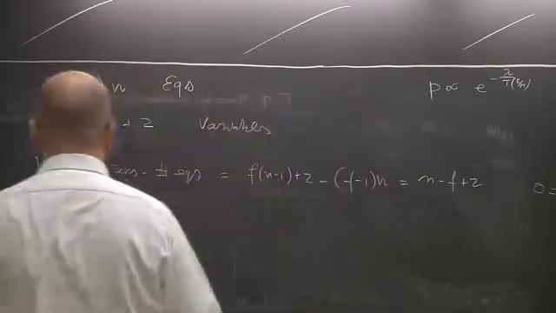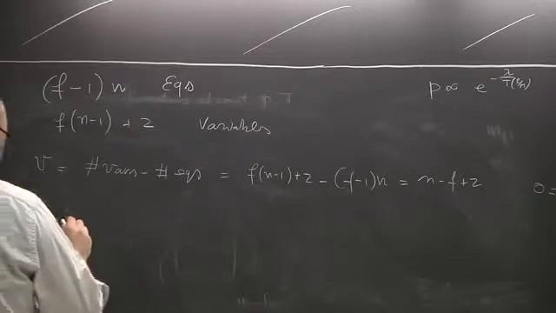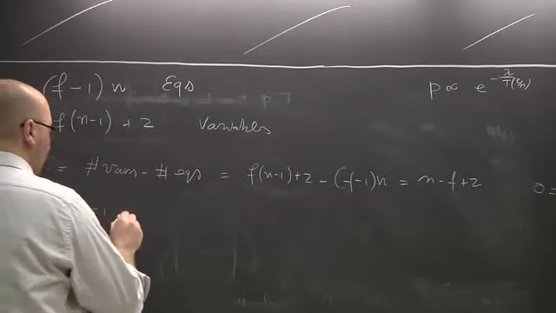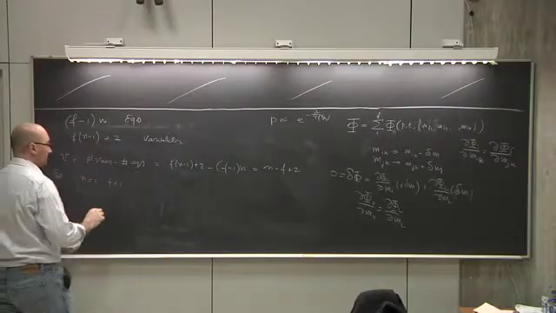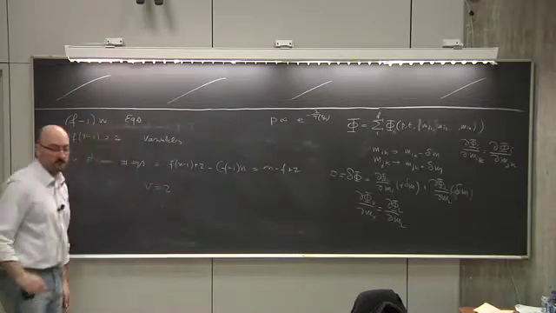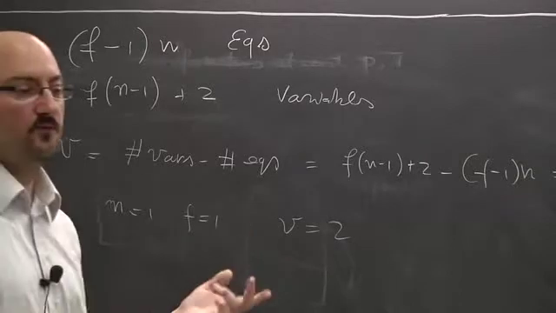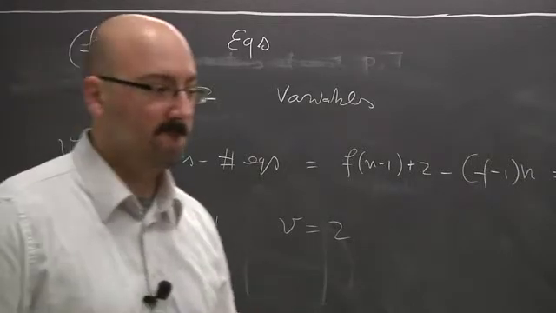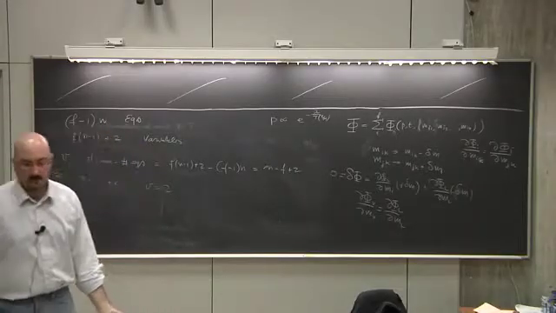So for example, the simplest example: one phase, one component in one phase. Then you have that the variance is 2. What are these 2 free variables that we can choose? Temperature and pressure, right?